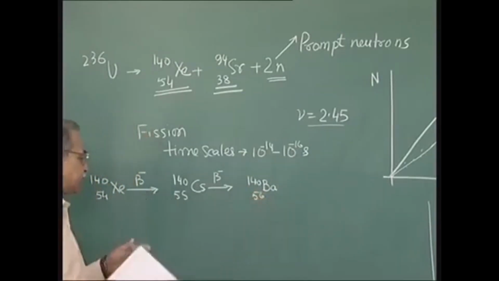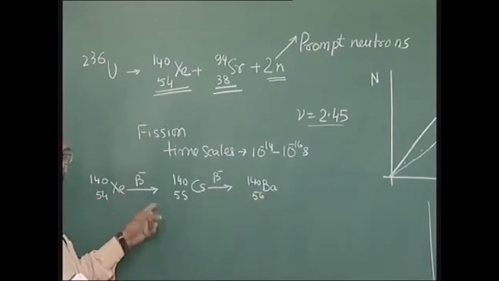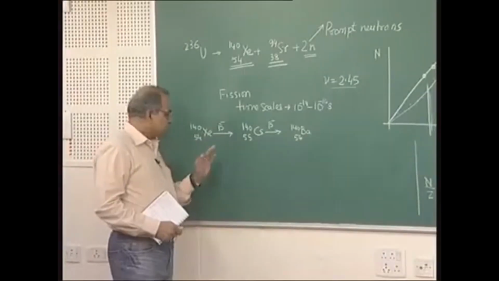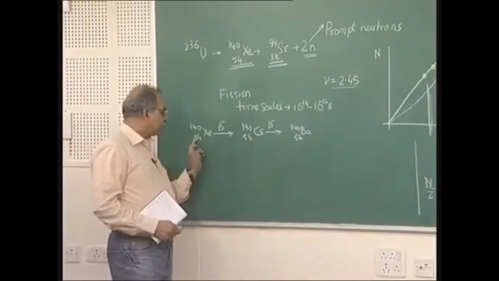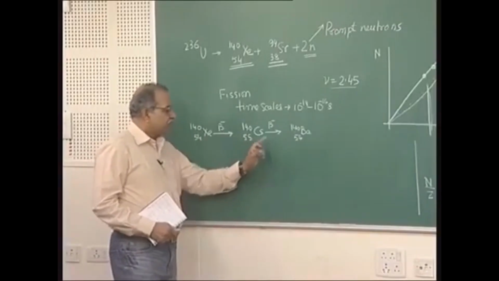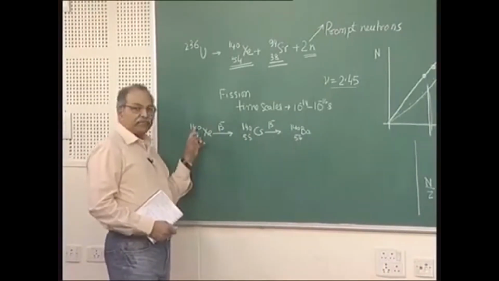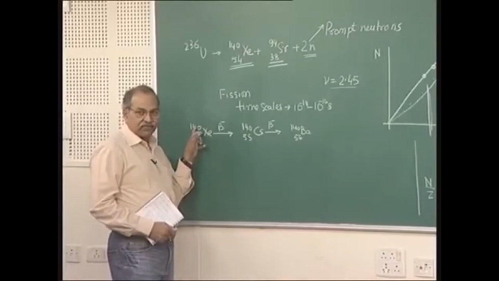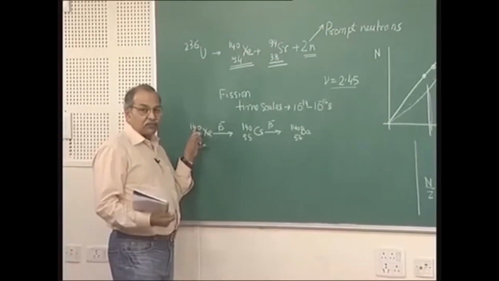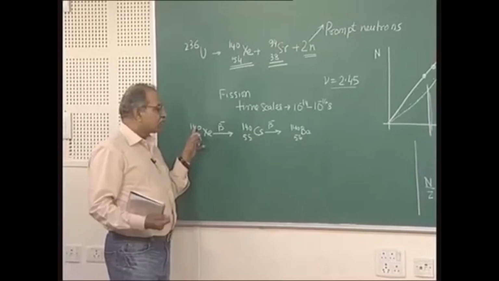In beta decay, the proton number will increase by 1 because a neutron is converted into a proton. So, 54 becomes 55, 55 becomes 56 and so on. The total number of nucleons remains the same, 140, because a neutron is converting into a proton.